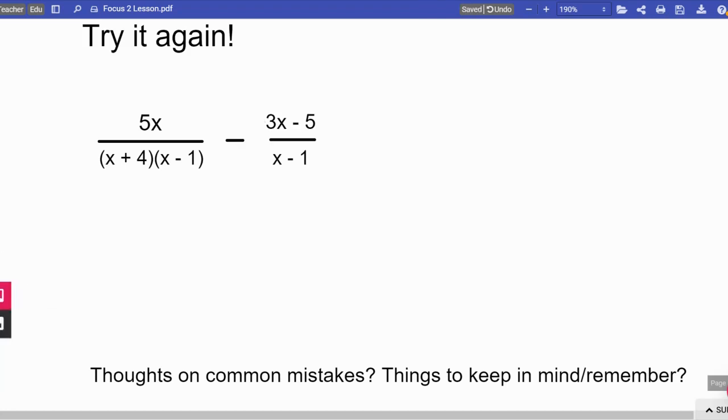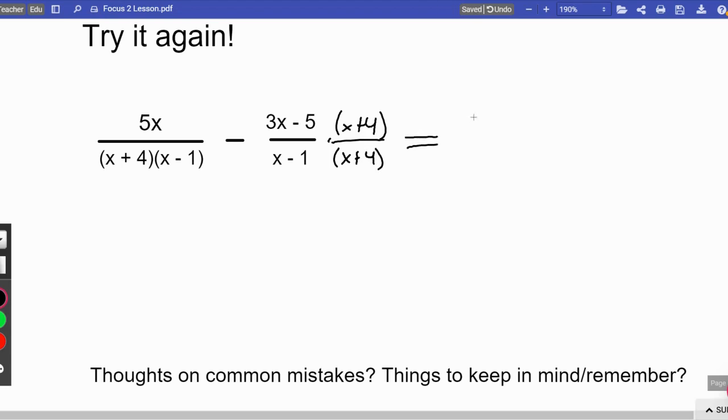So you'll see what happens here without it. And it's not a big deal. I need to multiply this fraction to get the denominators to look the same. So this is going to need an x plus 4 on the bottom and an x plus 4 on the top. Now the denominators would be the same. I'll just put this over here.